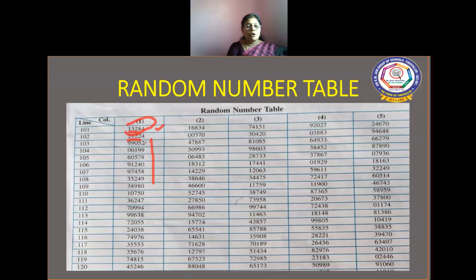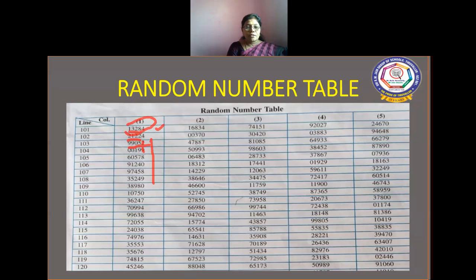If we move to the next number also, it is 99052. In this also we are going to just ignore the last number. First 4 digits 9905, it is also greater than 2000, so we are going to reject. Now if we move to the next number, we are going to ignore the last number.